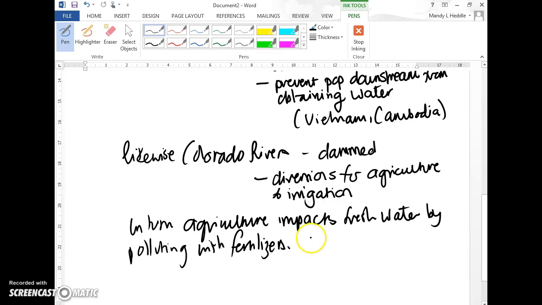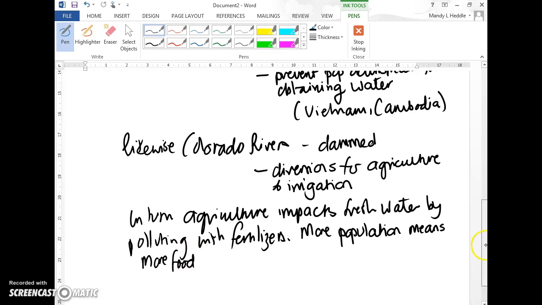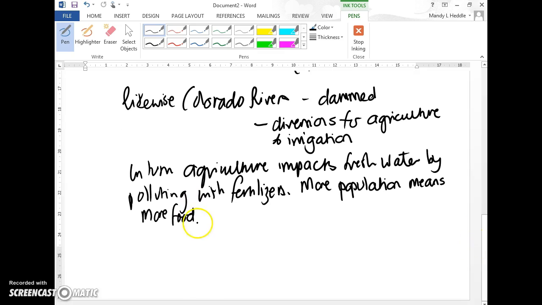I want to link back to population with every point. So more population means more food. So more agriculture, more fertilizers, more eutrophication.